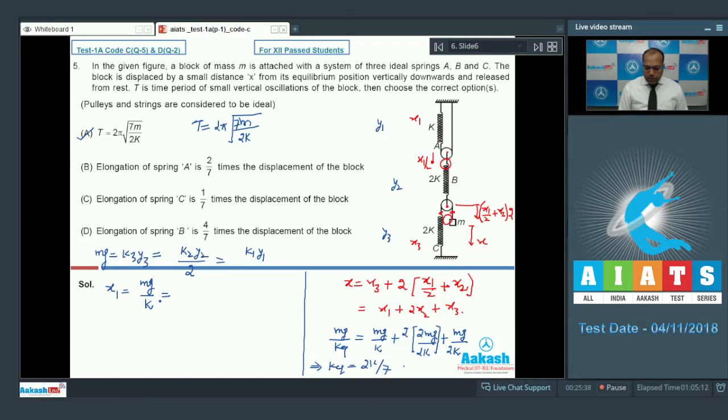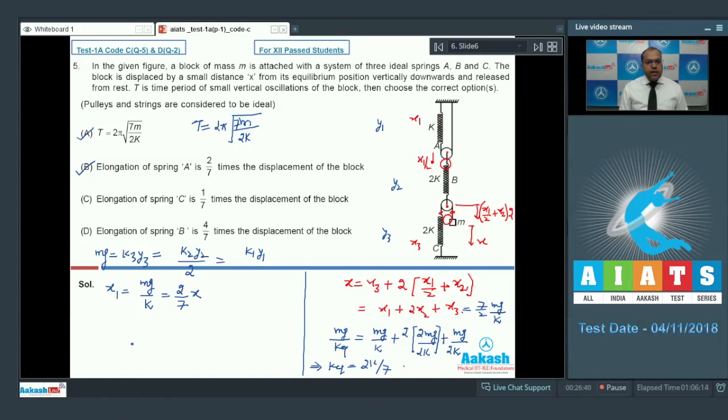So in terms of x, if I solve the value of x in terms of mg and k, it comes out to be 7 by 2 mg by k. So I can see that this can be written as 2 by 7 of x. So option B is also correct.